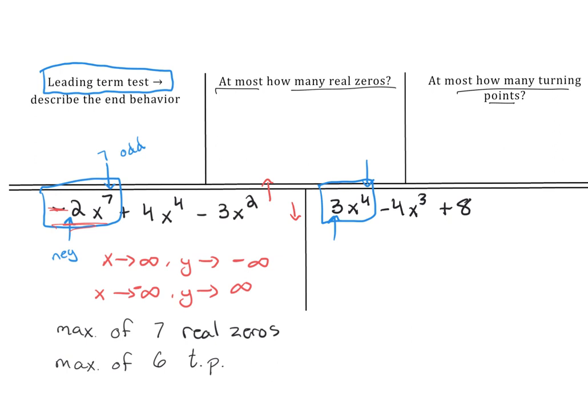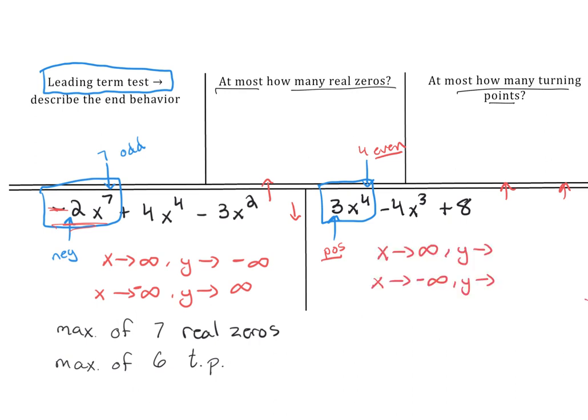Okay, last example. This time, exponent is 4, that's even. Leading coefficient is positive. So I know the end behavior, because it's even, it's going in the same direction. Because it's positive, the end behavior will be going up in both directions.